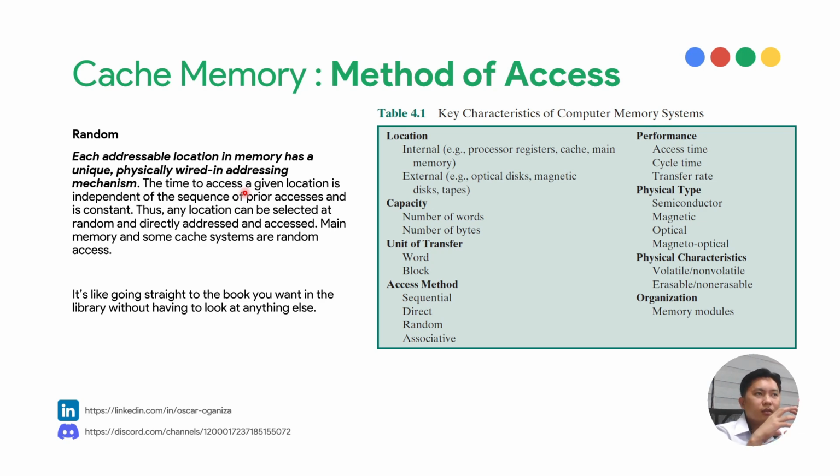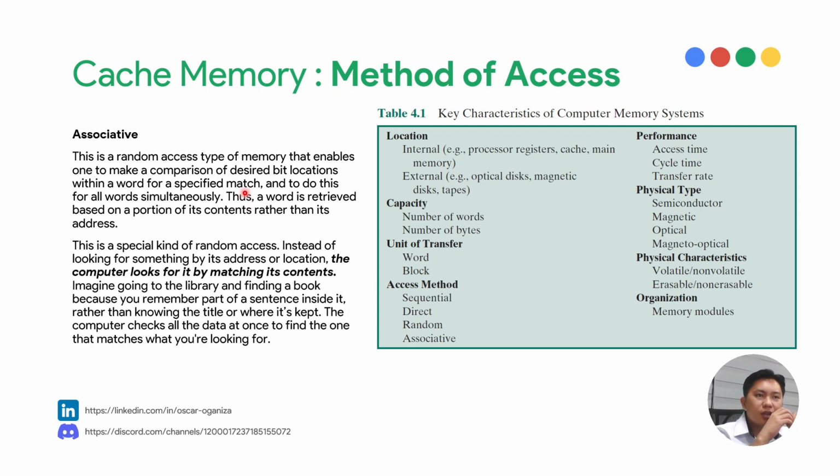Kung nasa page 20 yung hinahanap mong data, punta ka sa page 20. So, karamihan ng memory ngayon is random access. No? So, yeah, the best example here is like going straight to the book you want in the library without having to look at anything else. So that's random way of accessing the data, no, in cache memory.